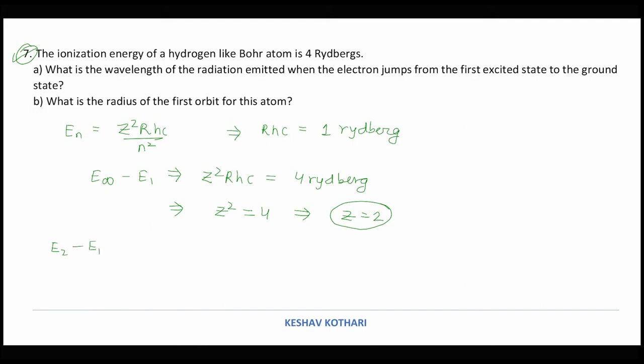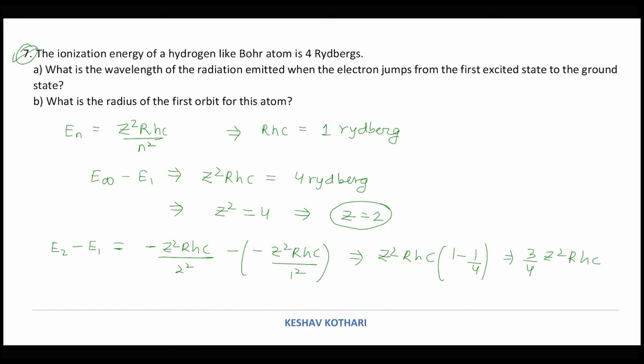So I can write it as minus Z square Rhc upon 2 square minus Z square Rhc upon 1 square. From here we obtain Z square Rhc times (1 minus 1 by 4), and we end up getting 3 by 4 Z square Rhc.